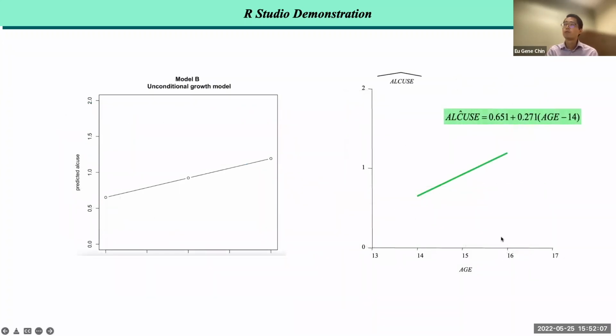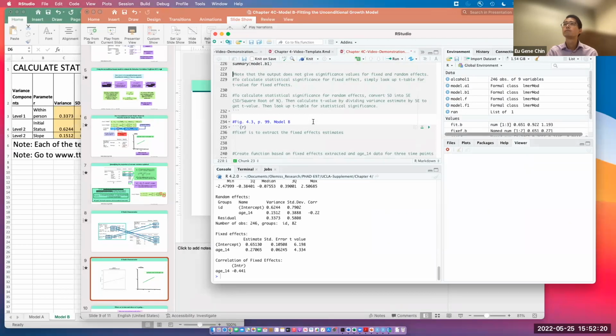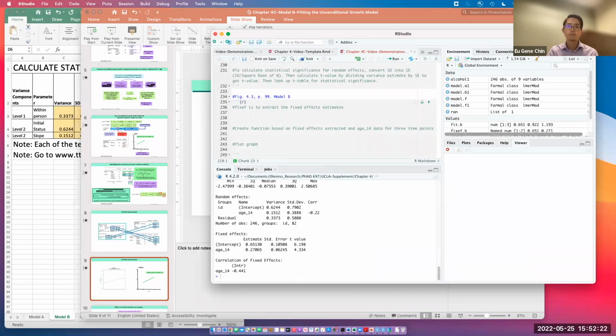So back to this again, remember, this represents the fixed effects of the unconditional growth model, and we got this graph. So we can recreate this in RStudio. So let's go ahead and do that. To do that, it's really simple. First of all, we need to extract the fixed effects estimates. So let's call this fixed effects.b.